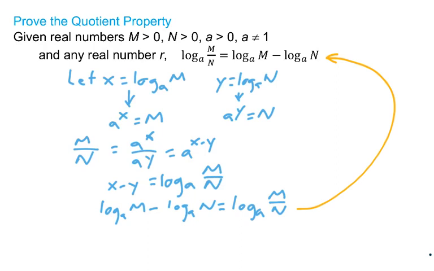Now, the main thing you want to hang on to is that the property of logarithms we're looking at is really the property of exponents that you're seeing right here. In exponents, you divide two things with the same base. That division becomes a subtraction of exponents. The logarithm of a quotient becomes a subtraction of logarithms. It's the same thing, just in disguise.